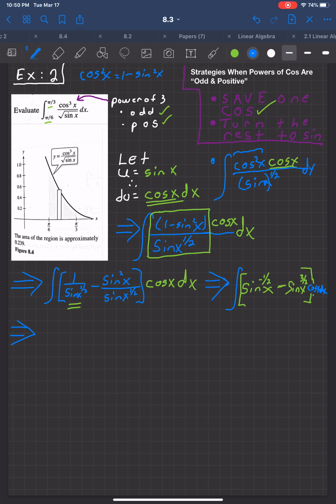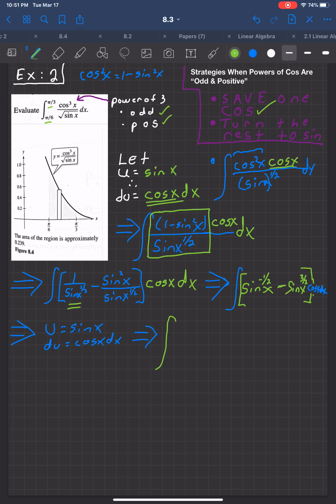So be careful. Now, at this stage of the game, we're ready to use our u substitution. Since we're going to define u as sine of x, which means du is cosine of x dx, let's go ahead and split our integral and u-substitute.